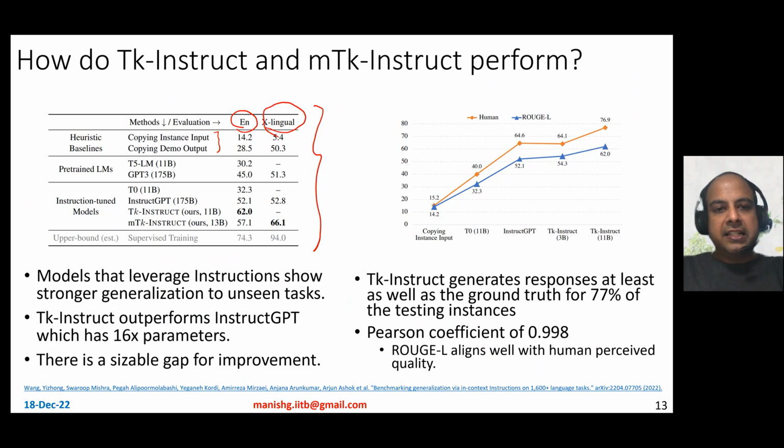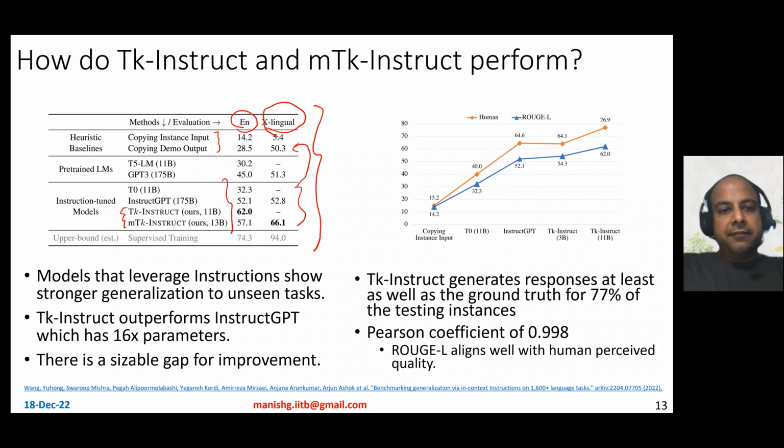So what you observe is that models that leverage instructions, these ones, T0, InstructGPT, Tk-Instruct, mTk-Instruct, these two have been proposed by them in this paper, right? They actually show strong generalization to unseen tasks. You see, these results are better in general compared to the heuristic baselines for sure. And also equivalent models are actually better compared to even the pre-trained models, right?